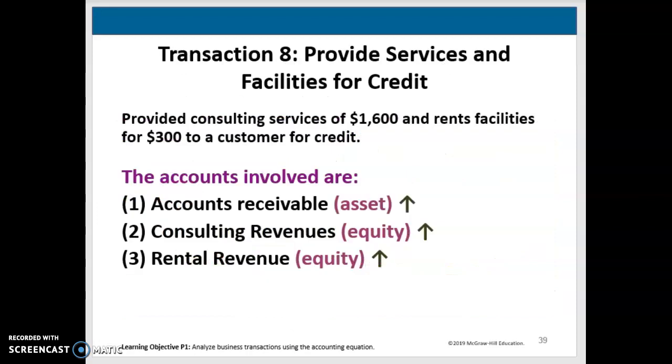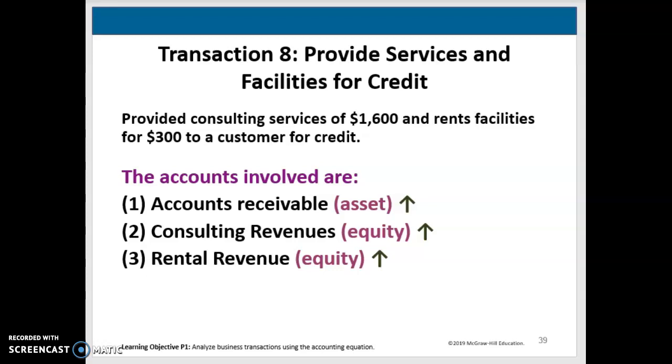All right, let's look at number 8. Number 8 says that we provided consulting services of $1,600 and rented facilities for $300 to a customer for credit. So this one, the asset account, accounts receivable, is going to be used because it says for credit. They're not paying us right now, they're going to pay us later.